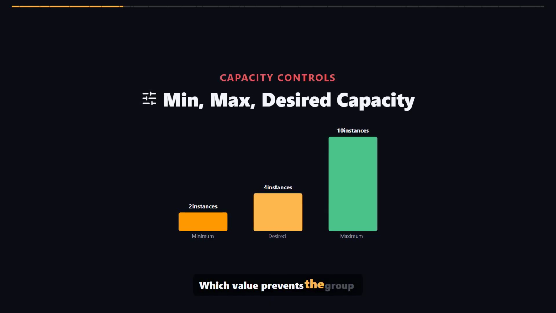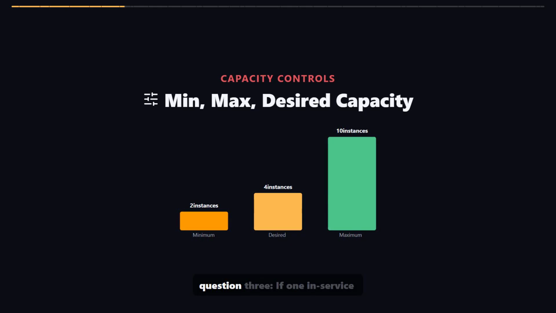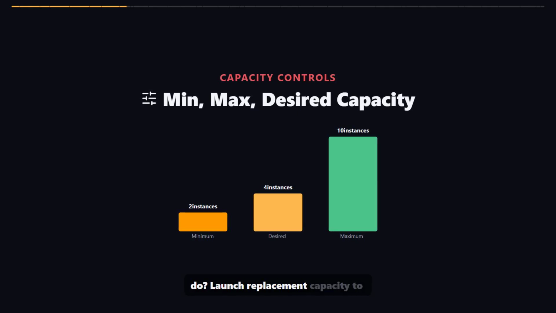Which value prevents the group from intentionally scaling beyond 10 capacity units? Maximum capacity. And question 3. If one in-service instance is determined to be unhealthy while desired capacity remains 4, what can the group do? Launch replacement capacity to work back toward the desired capacity.